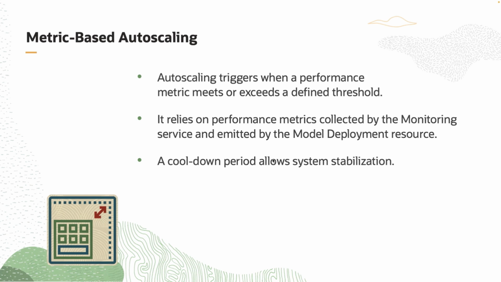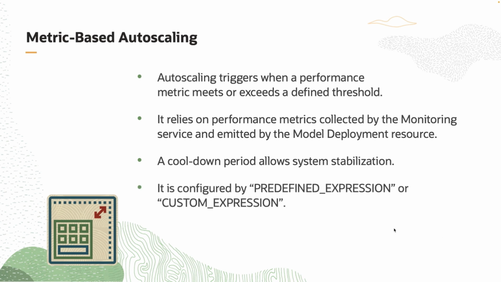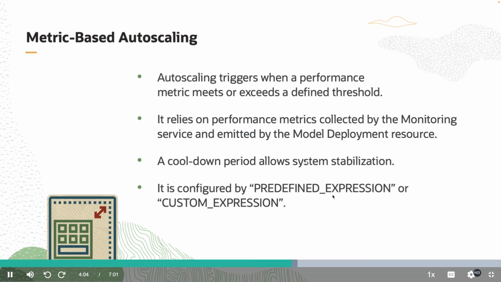The service continues to evaluate performance metrics during the cooldown period. When the cooldown period ends, auto-scaling adjusts the model deployment size again if need be. In the predefined type, you can choose one of the two metrics, either CPU utilization or memory utilization, and specify thresholds for the scaling conditions.